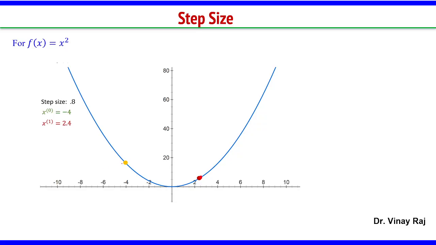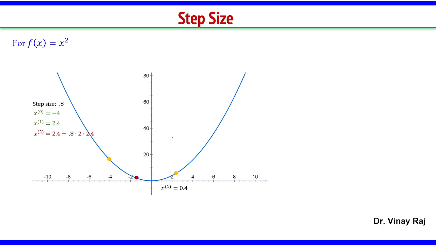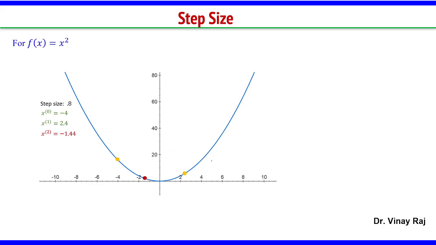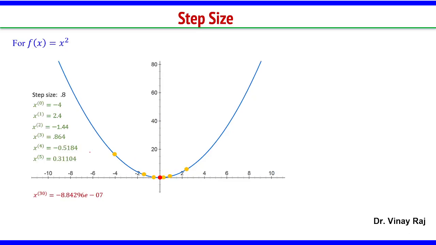Initially it was this, from here I have gone here. Next, if I do it another time, I am getting minus 1.44. So, from here I went here and then I am coming this side. I am doing plus minus, right. If I keep doing it like this, I go here, then again come here, come here, I reach that point. Finally I reach the minimum point here.